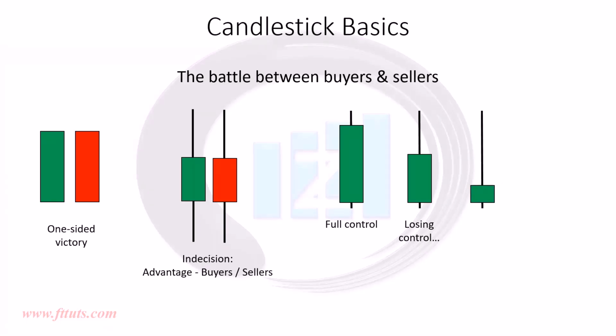Now we see further loss of control by the buyers. In the beginning, they had full control. Now they're losing control, and then with this third candle, they have very much lost control of the market. Momentum has shifted. Buyers pushed price very high up, but the sellers came in and just squashed it. That's represented by that very long wick: sellers are pushing the price very, very far down.